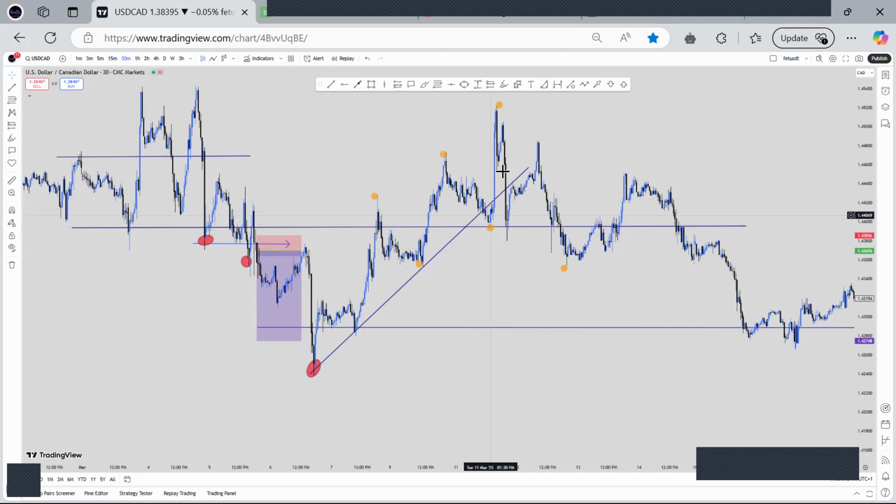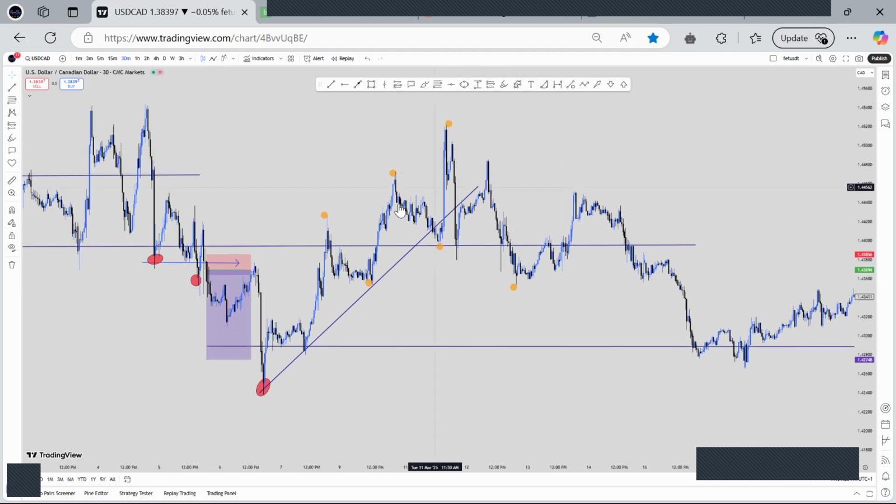So for me, I was waiting. I always love this kind of price action. Even though I already know it's possible market can keep pushing up, I'm 100% sure I should be looking to short the market, not to look to buy. So I always love to see this kind of price action, and I want to look for a failing high, something like a low which failed to create a new high.